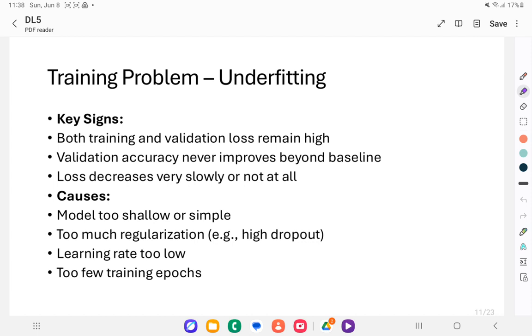So you've got to pay attention there to the learning rate. To fix underfitting, you may want to try increasing model capacity, reducing regularization, training longer, or changing the learning rate. Just be careful not to swing too far and end up overfitting.